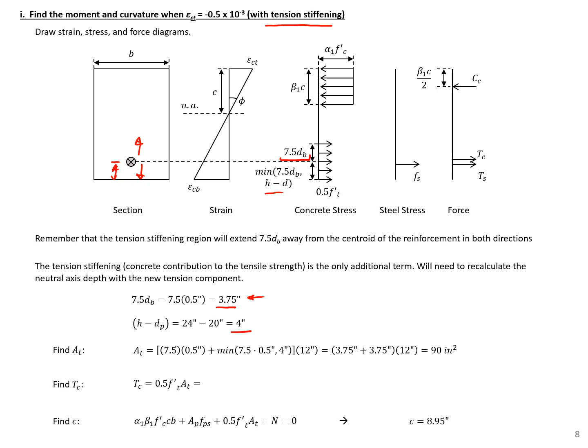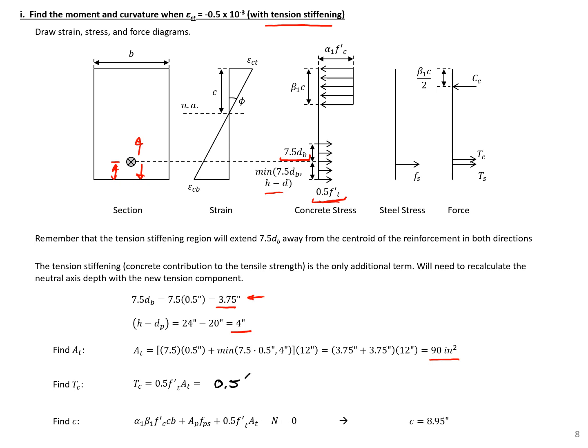For flexural members, it's reasonable to assume that we'll use a stress of 0.5 times the tensile capacity of the concrete, and we'll use that in our tension stiffening region. So we have our area, 90 square inches, we have our stress, 0.5 times the tensile strength of the concrete, so we can find our force.